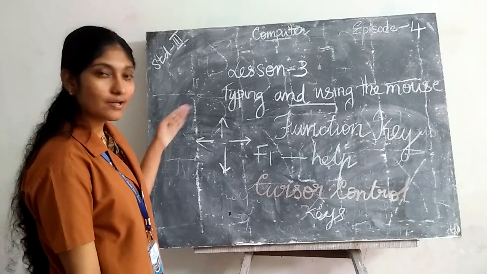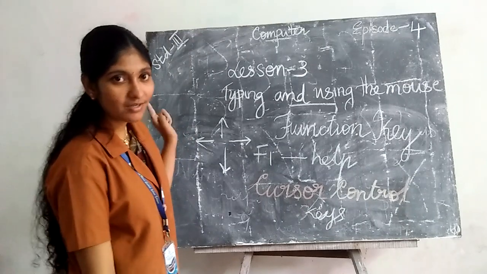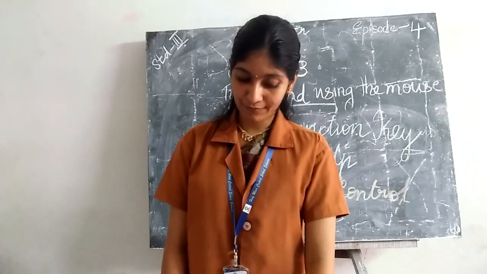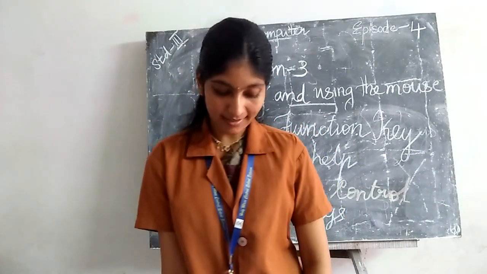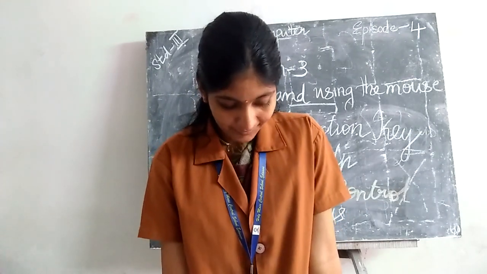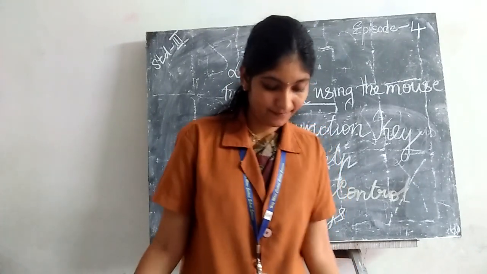If you want your cursor to go to the left, you can press the left arrow. So there are 4 arrow keys. Arrow keys move the cursor around a document. Then the next type of keys are special keys.